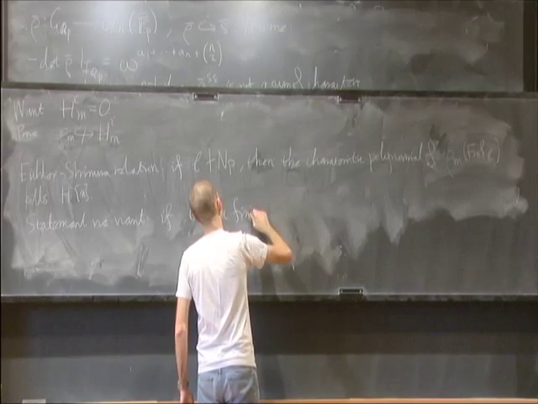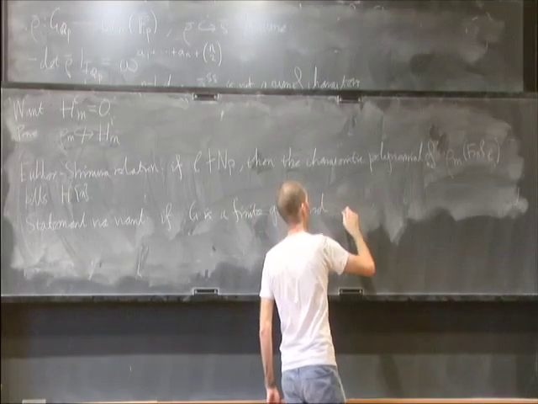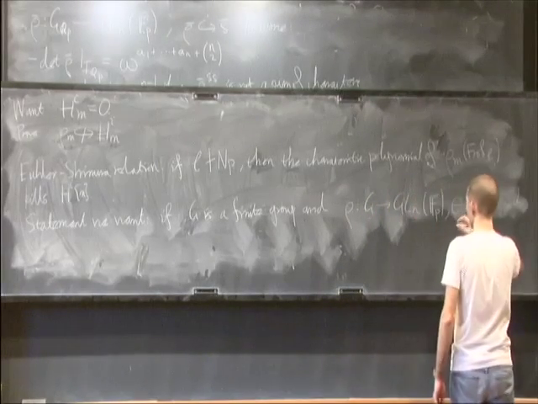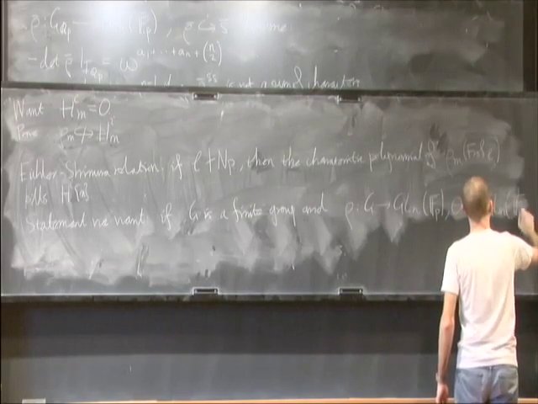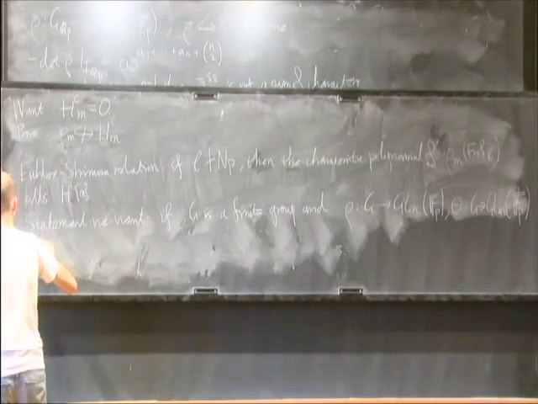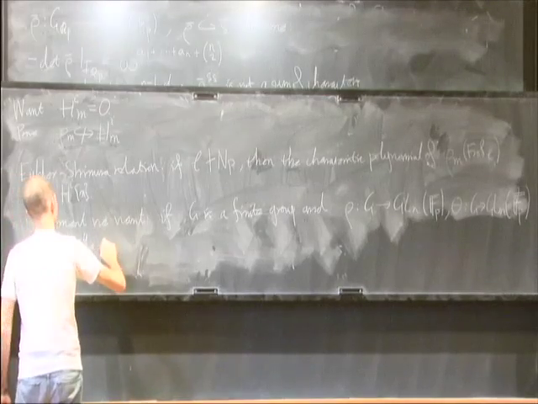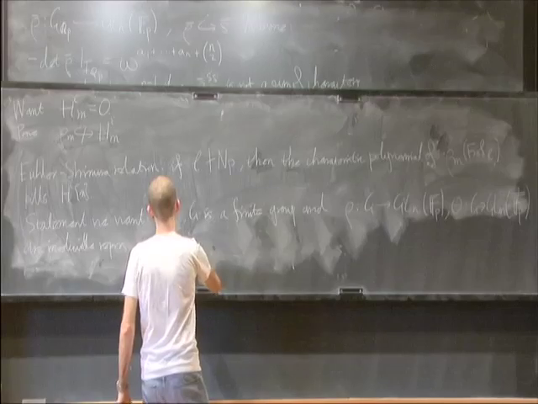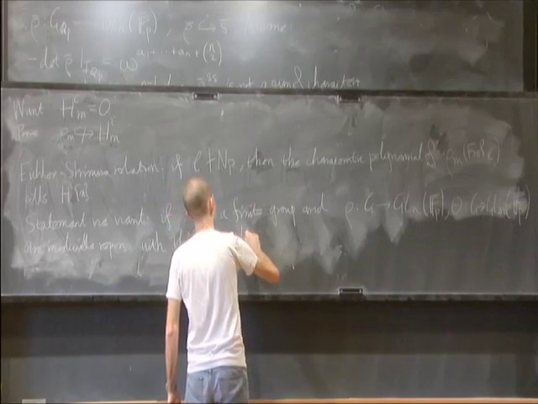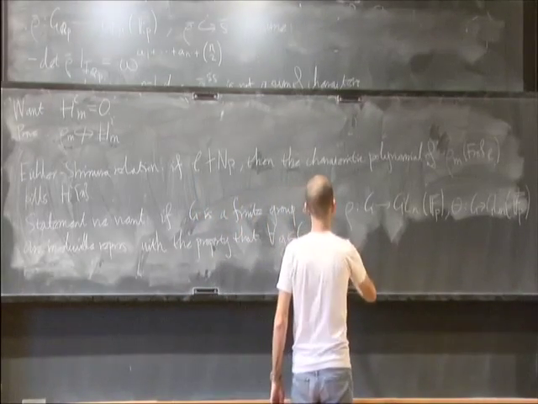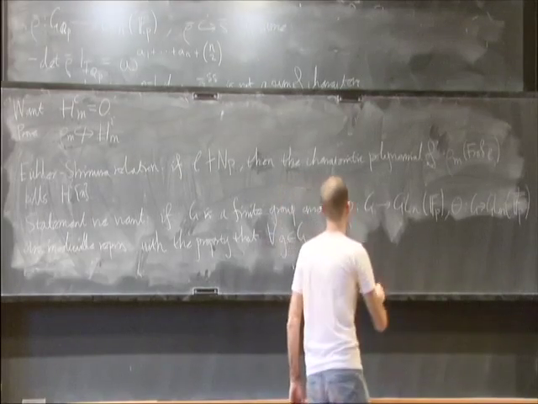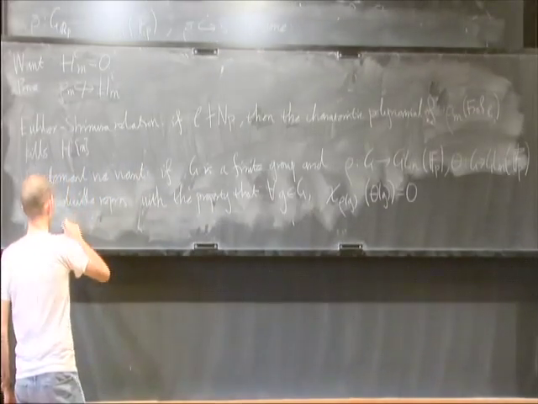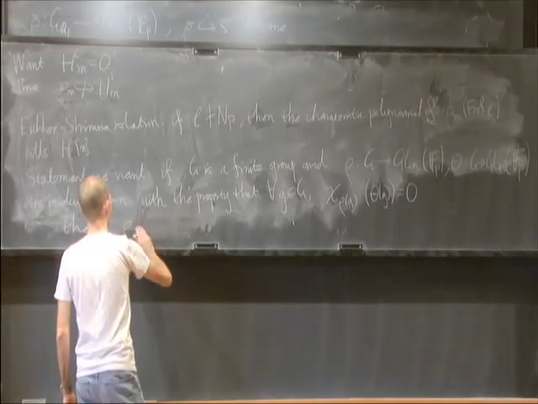So if G is a finite group, and rho is an n-dimensional representation, and theta is an m-dimensional representation, these are irreducible representations, with the property that for all elements g of the group, the characteristic polynomial of rho of g kills theta of g, well then I'd like to conclude that these two representations are equivalent.